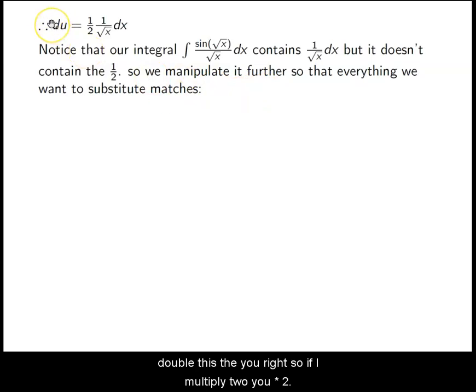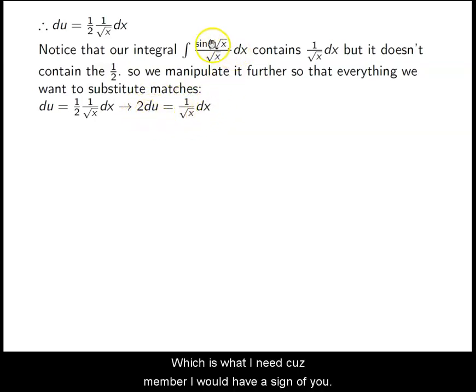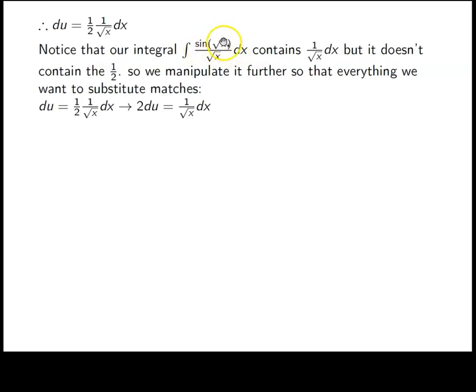So if I multiply du times 2, then 2 du is 1 over square root of x dx, which is what I need, because remember, I'm going to have a sine of u, and this 1 over root x dx is all the stuff that's left over in x. So my du now, 2 of them, is the things that I needed to substitute to get away.